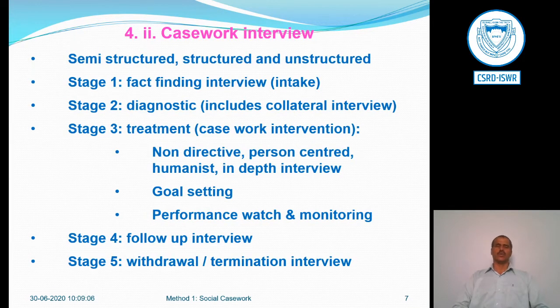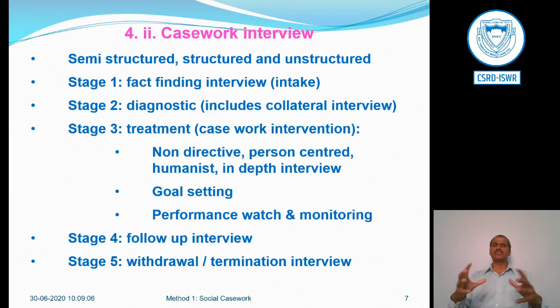Now the second tool is the casework interview. This casework interview is semi-structured, sometimes structured, sometimes unstructured. There are 3 types of casework interview.